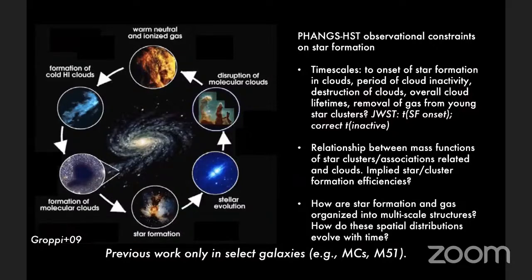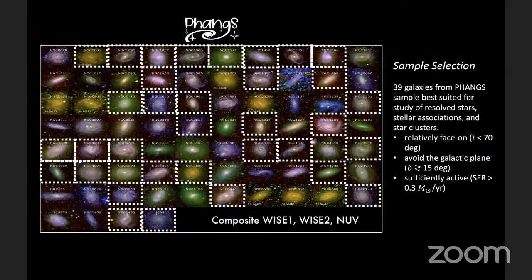Now, while there has been work on these questions, until PHANGS, until our program, they've only been studied with data in selected individual galaxies, for example, Magellanic Clouds or M51. There has not been systematic study across a full range of galaxy environments of these questions. So PHANGS then obtained ALMA CO maps for a diverse set of 75 galaxies, which you see here.